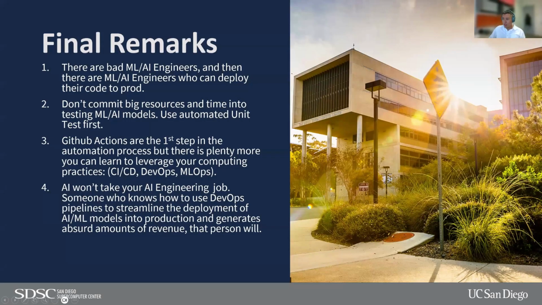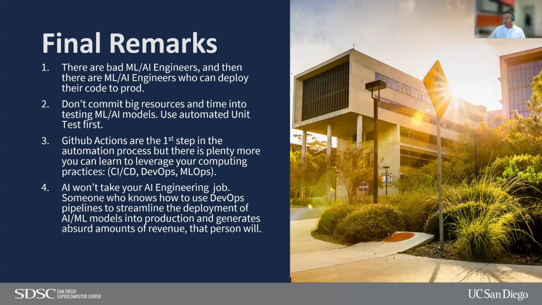As I mentioned, there are bad ML AI engineers, and then there are ML AI engineers who actually can deploy their code into production. Another idea to take home is do not commit big resources and time into testing ML or AI models. For that, you can use unit tests. Unit tests are the first thing to do.